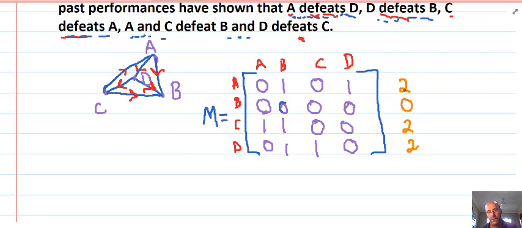If we add the totals for each row, we get 2, 0, 2, 2. That gives us a sort of crude rank. We know that A, C, and D have been more successful than player B, who has achieved a total score of 0. But it hasn't done much in terms of ranking, because all we know is that B is the worst, and A, C, and D seem to be the same based on this data.